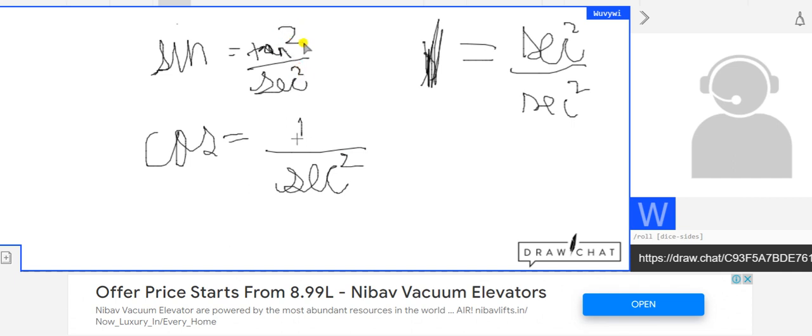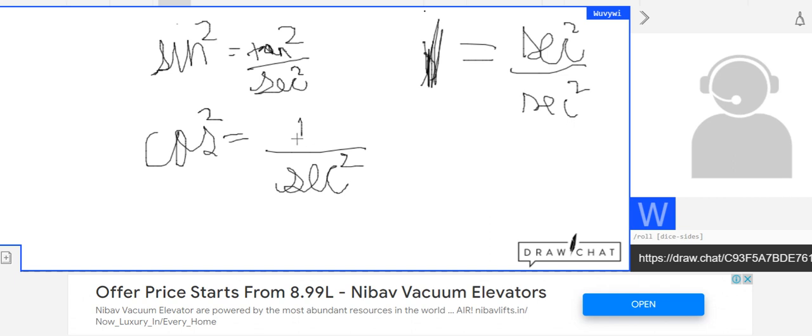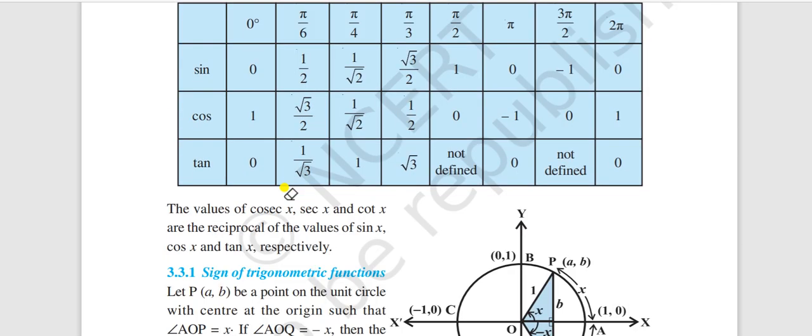Is tan square by secant square, cos square by secant square. So we take all of these values and put them into this one, and we get this. Easy peasy. So basically, that was our idea, and how we get this. This has a similar idea behind it. I would like to leave this to you because I've solved one.